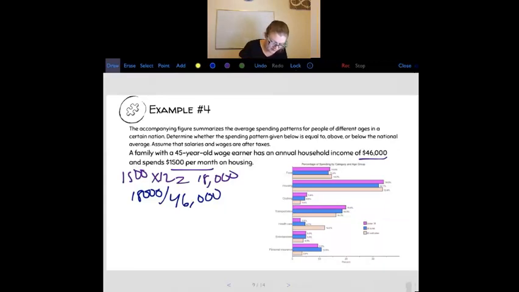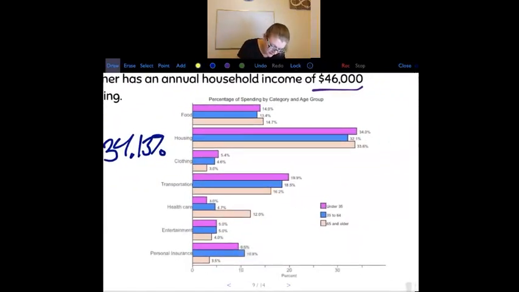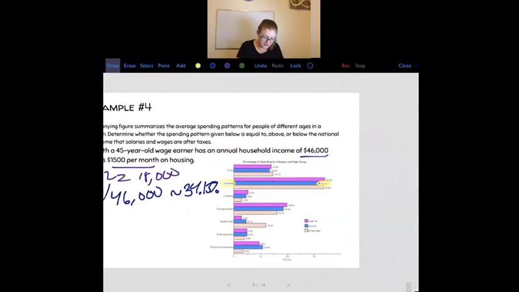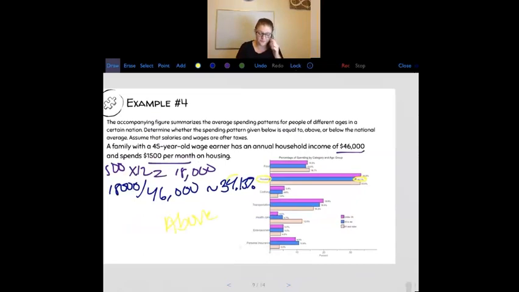And this comes out to be about 39.13%. Okay, so going back to our chart, housing for someone 35 to 64 should be about 32.1%. This person is spending 39.13%. So this person is spending above. Okay.